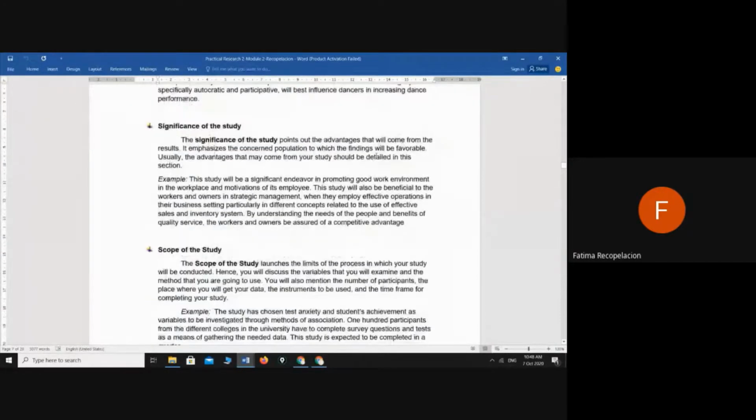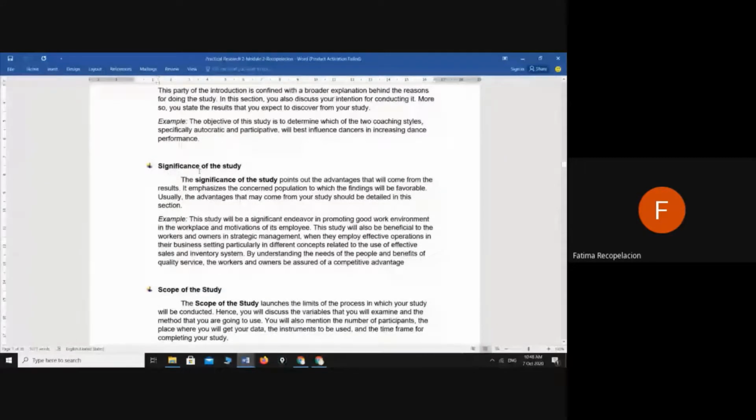For the significance of the study, dapat always na siya present sa inyong research paper. Because when you conduct a research study, make sure that indeed it has a significance. Okay?